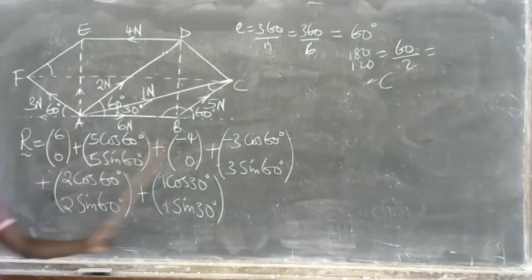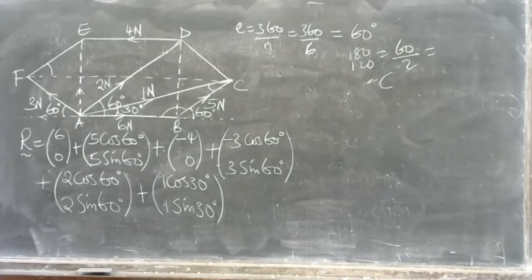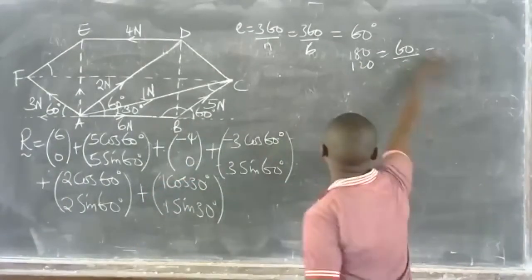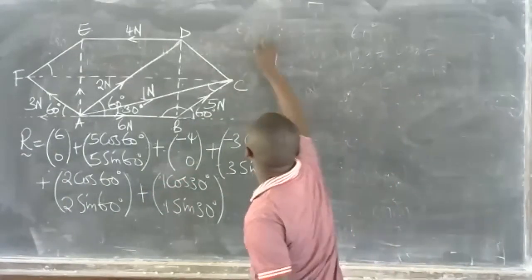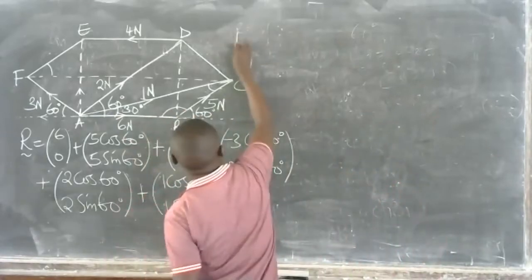So 1, 2, 3, 4, 5, 6. Those are the 6 forces. They want us to get the resultant. What is the resultant vector?